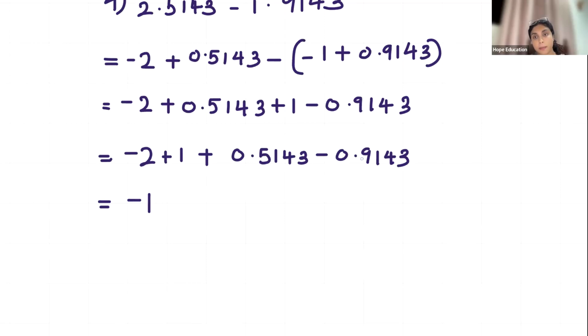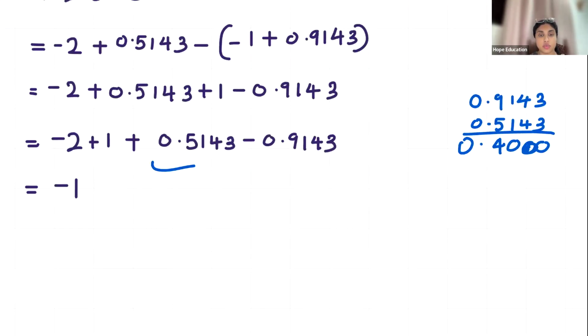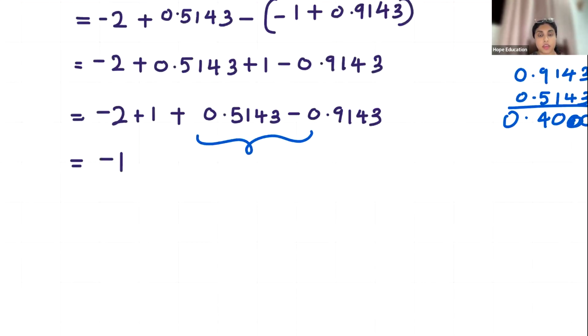So ලොකු එක්කෙනාගෙන් පොඩි එක්කෙනාව subtract කරා ලොකු එක්කෙනාගේ sign එක දැම්මා. So 0.4000 ලොකු එක්කෙනාගේ sign එක minus, so I put minus here.